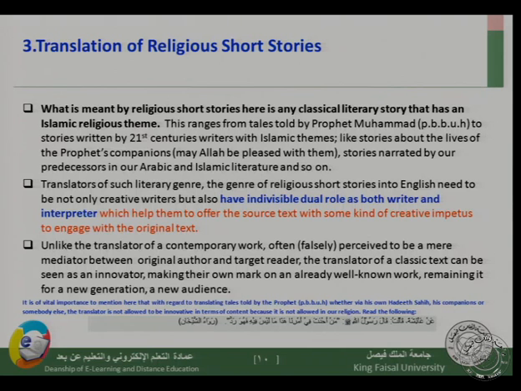Why? Because it is of vital importance to mention here that with regard to translating tales told by the Prophet Muhammad sallallahu alaihi wasallam, whether via his own hadith sahih, his companions, or somebody else, the translator is not allowed to be innovative in terms of content, because it is not allowed in our religion.